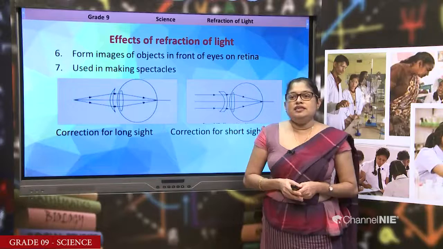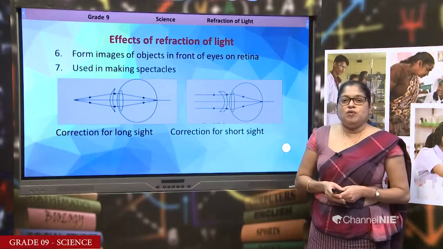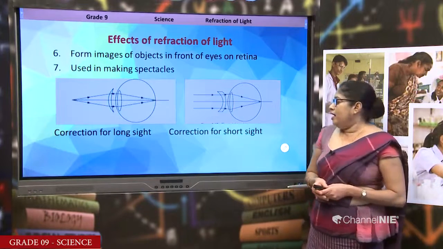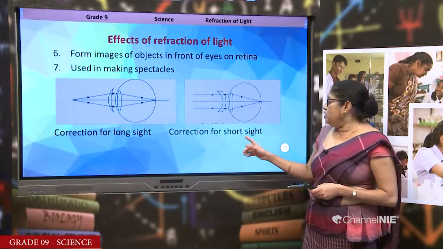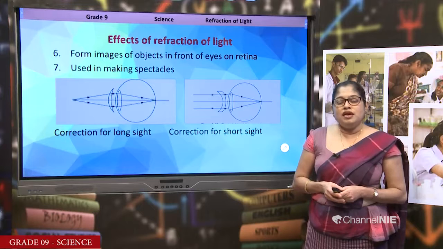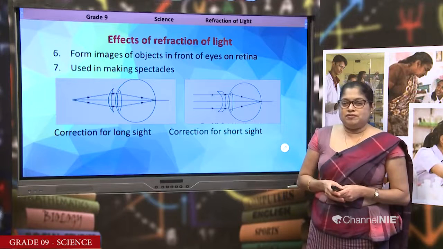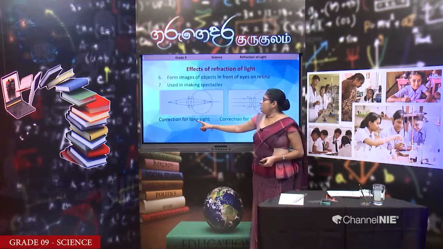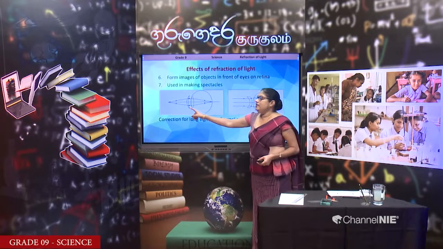Long sight is the eye defect where you can't see nearby objects. On the other hand, short sight is the eye defect where you can't see distant objects. Spectacles made for long sight should contain a lens like this.